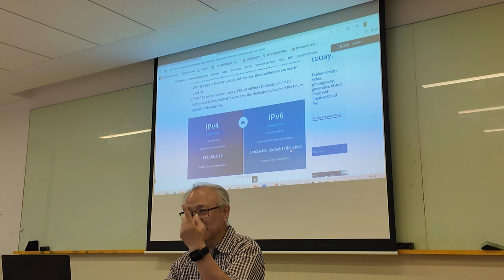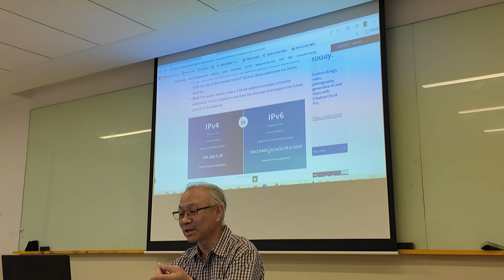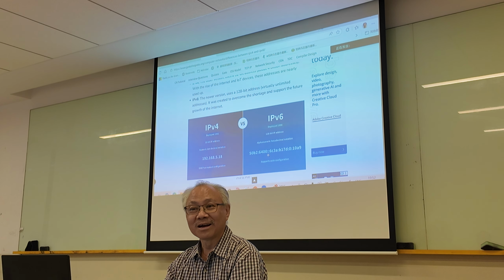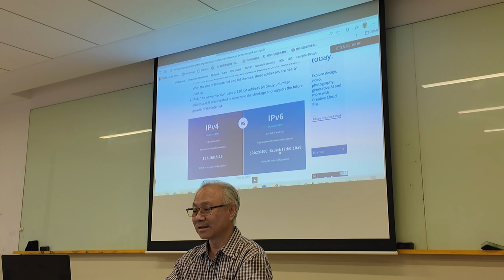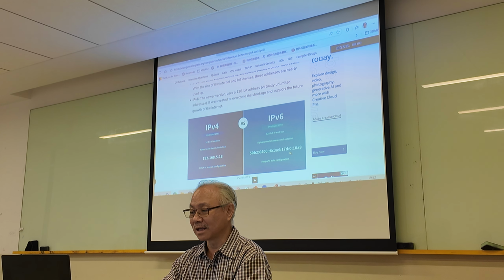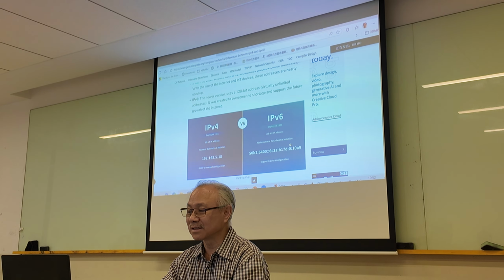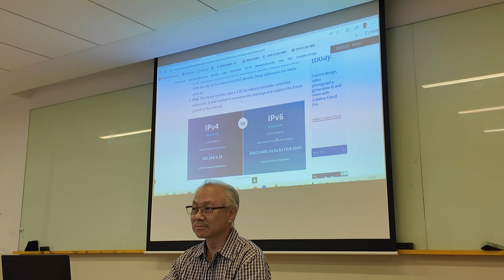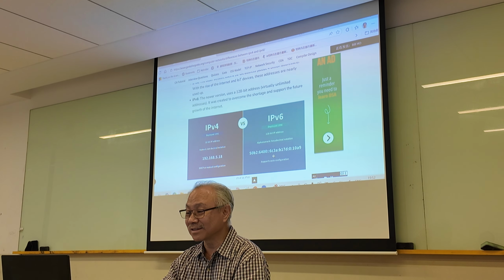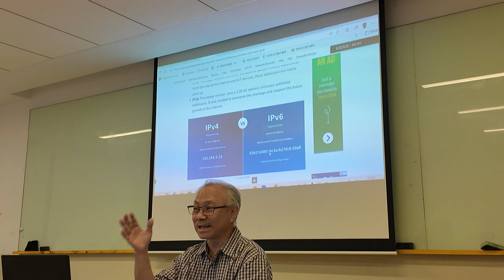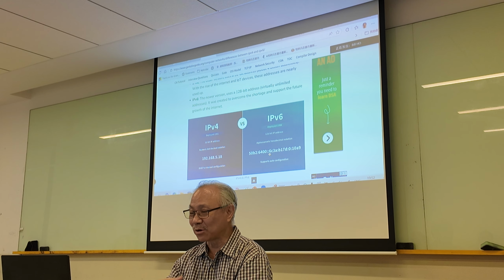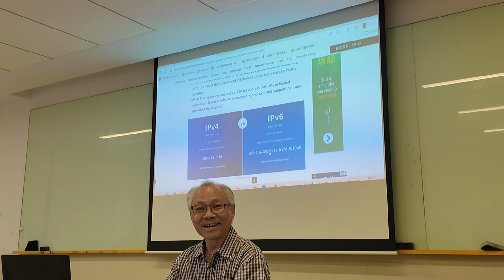If it's all 0, they can represent it as a single 0 or actually not show it at all. So that 0 can become a double colon. The colon means that in between is 0. This is how the notations are. You must understand.